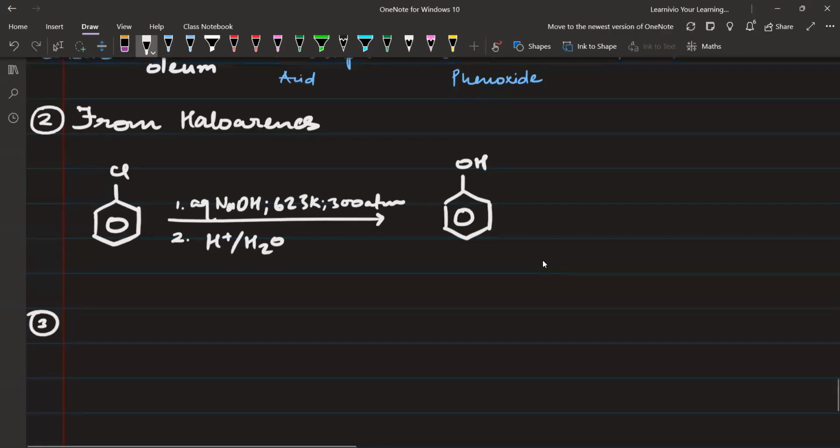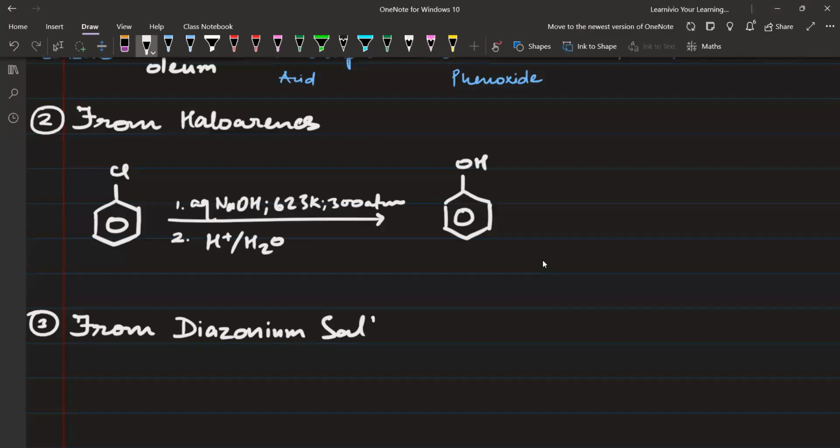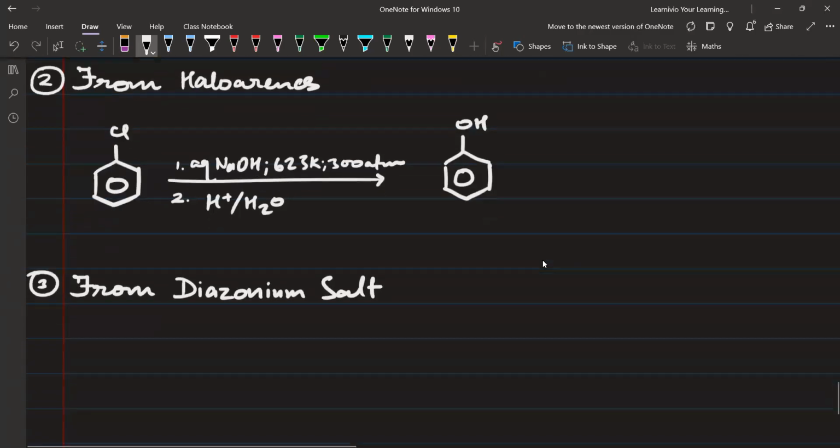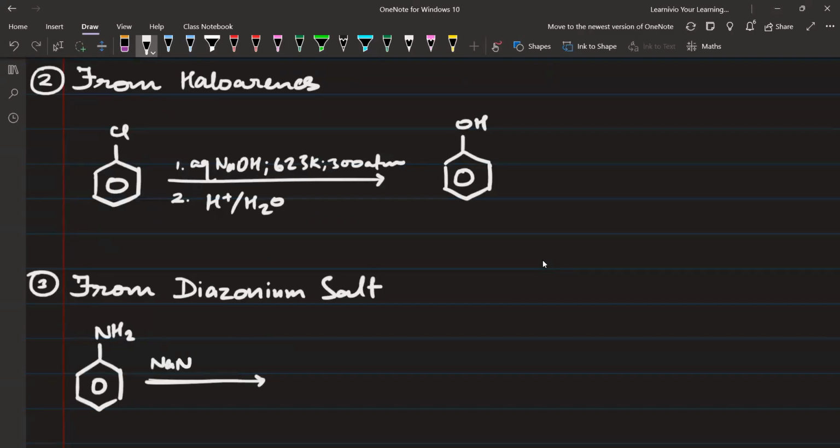Third is from diazonium salt. Hopefully diazonium salt थोड़ा सा आपको याद रहा हो. How can we prepare diazonium salt? Using aniline, benzene, जिसमें NH2 attached हो. Here we have aniline like this, NH2. You react this with NaNO2 plus HCl at 0 to 5 degrees Celsius.